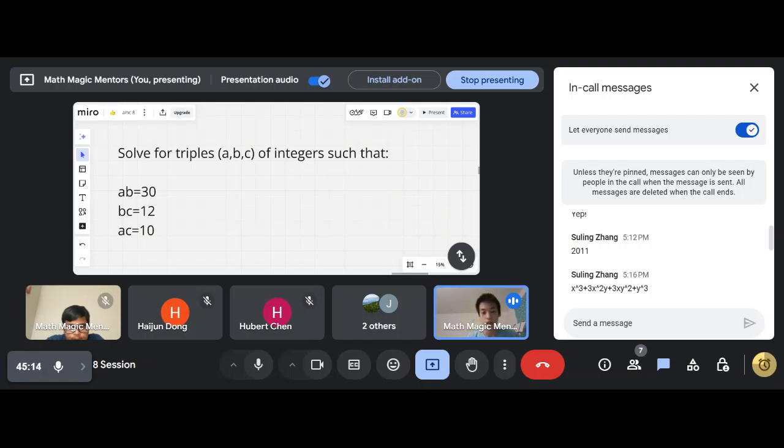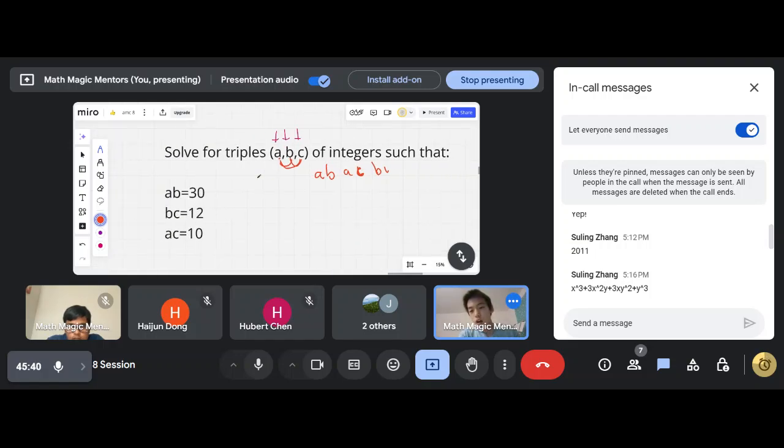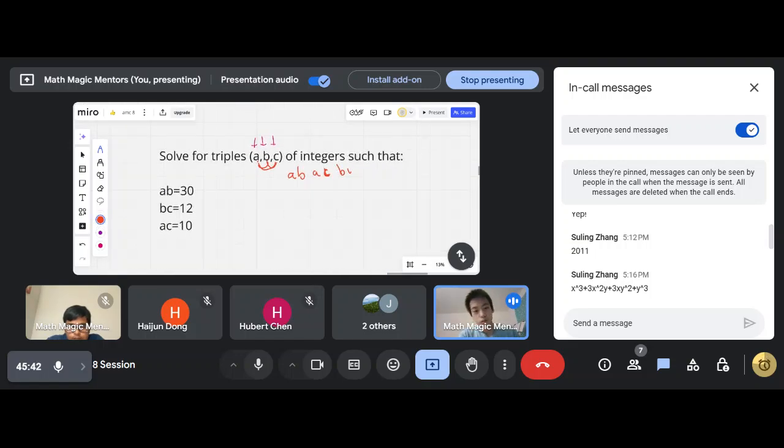If you want to form a list of all possible pairs of distinct variables, you can write AB, and then AC, and then BC when we do the last two. So we get all three possible pairs of integers.